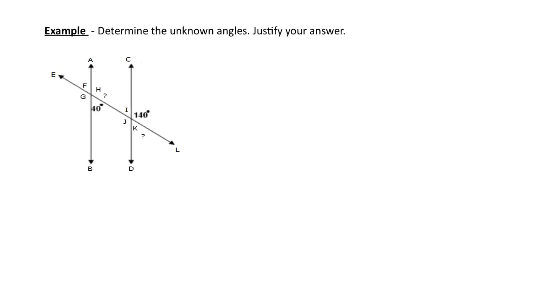Okay, so we have another example that we're going to work with. We're going to determine all of the unknown angles, and we're going to justify our answers. So now we have a whole bunch of different angle theorems that we can work with. We have supplementary angles. We are not going to use the 90 degree theorem here because none of these angles marked are 90 degrees. We have no little squares marked in any of the corners.